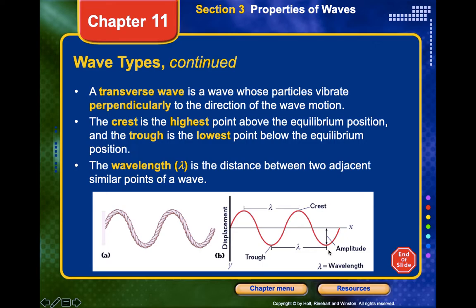That's one easy way to do it. So this wavelength here would be the same as this wavelength here, which is just the distance between two crests or two troughs. Similarly, I could look at the displacement right here, or the position right here, and I could go all the way over to this position, and that would also be a wavelength. So it's, once again, the distance between two adjacent similar points on a wave.